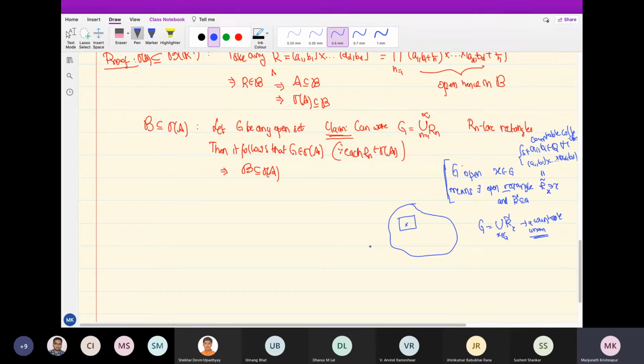Almost disjoint means the rectangles don't have intersection in the interior. So if two rectangles intersect in the boundary part, then it is okay. But it should not be like this. This is not okay. Yeah, so they prove a theorem like that.